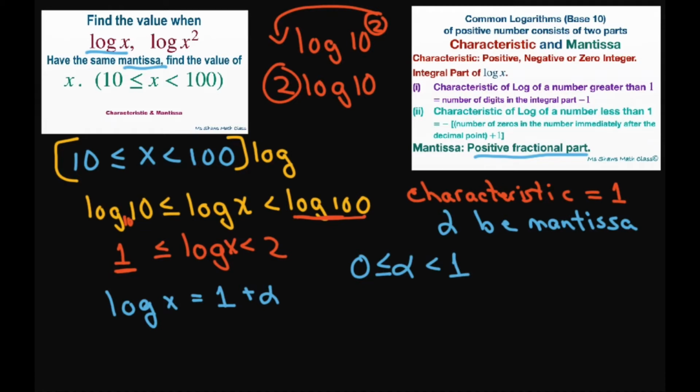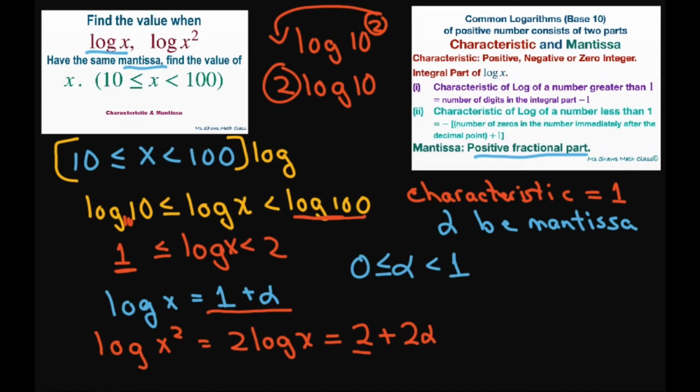All right. Therefore, if you look at log of x squared, that's going to be 2 times log of x, which equals 2 times 1 plus alpha, which is 2 plus 2 alpha. Just multiply this by 2.